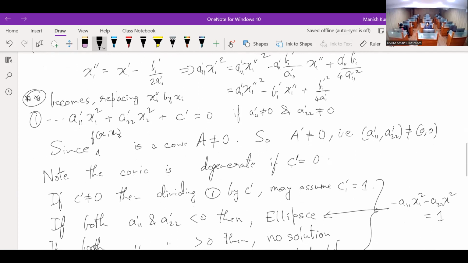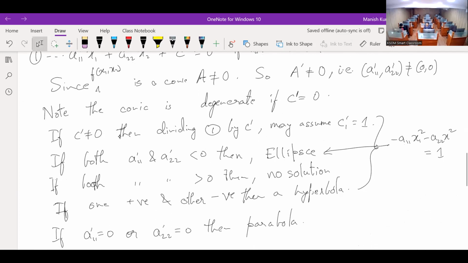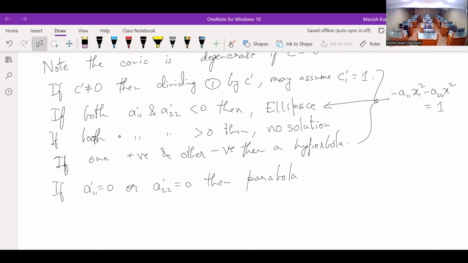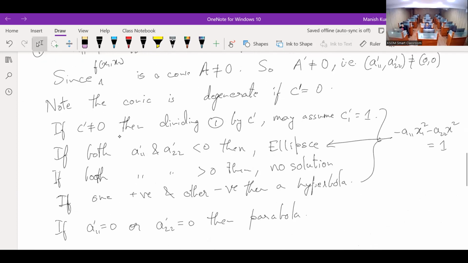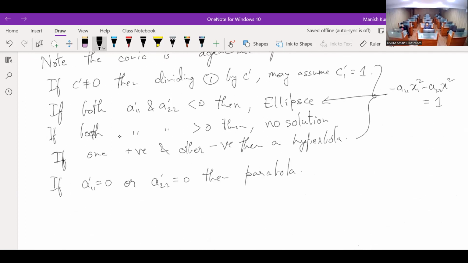So one of them must be non-zero. Let's assume the other one is zero. So if one of the eigenvalues is zero, then you get a parabola. What happens is you can complete the square for the one which is non-zero.